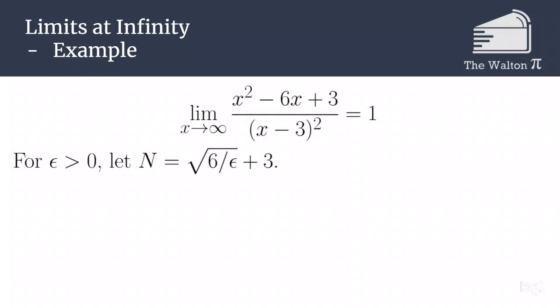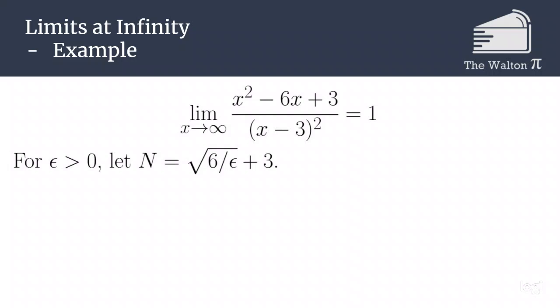It feels like I pulled this out of a hat, and if I didn't do scratch work beforehand, it would have felt like I was pulling it out of a hat. I'm not going to go through the scratch work. I will go through the scratch work for some limits at infinity in my next video, where we'll go through a couple examples together. But for this one, let's just say n is equal to that.